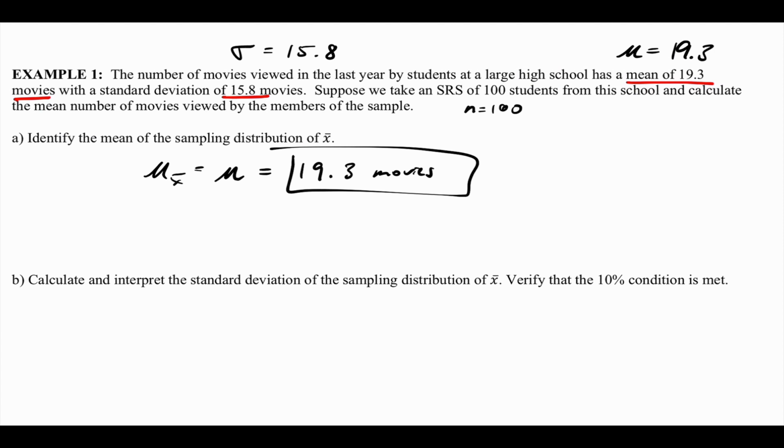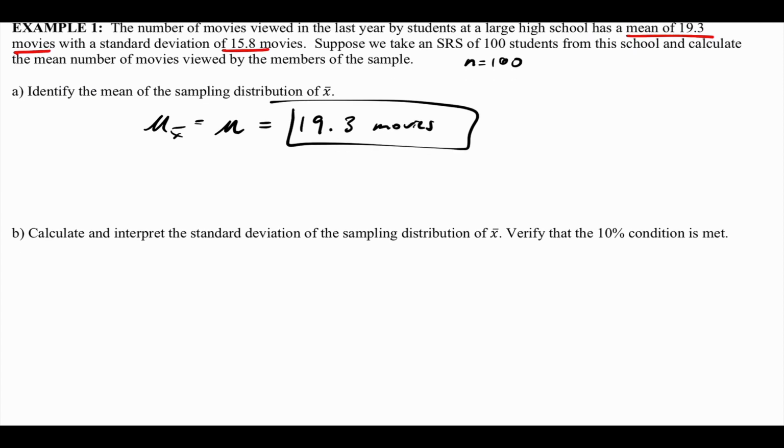If you did it an infinite number of times, that's what you would get, the same as the population. Same thing with proportions. They're asking for the mean of the sampling distribution. That was letter A.